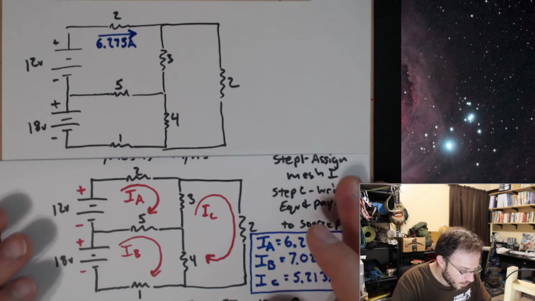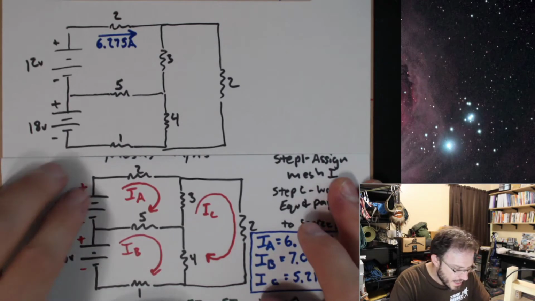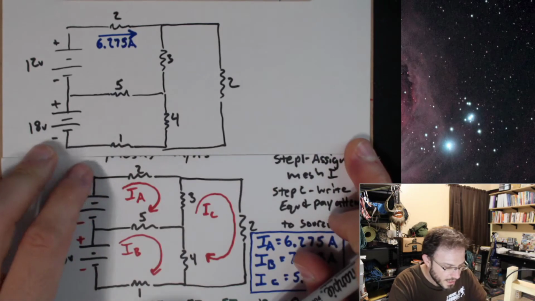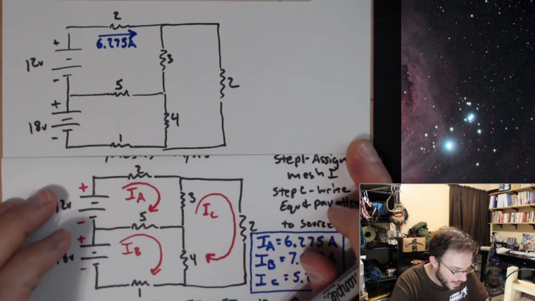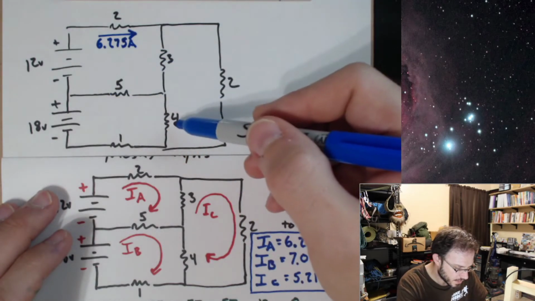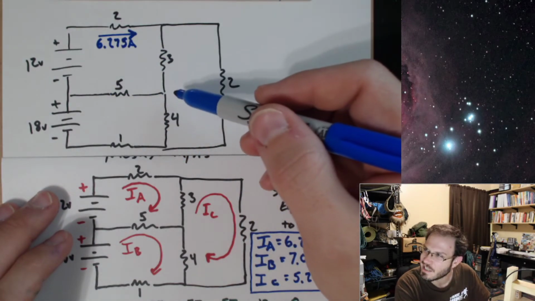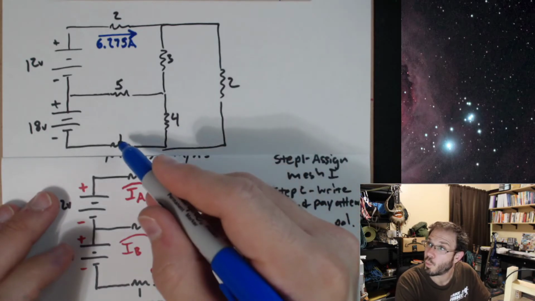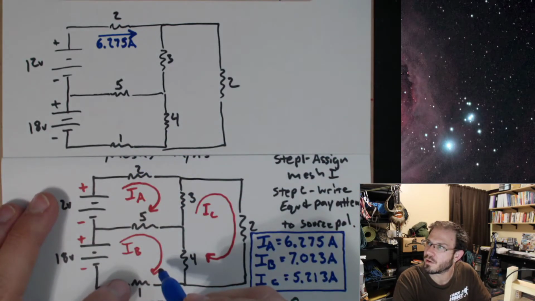Okay, let's go through and take care of all the ones that only involve one mesh current. This one had IA, this one had IA, this one had IA. I'm just getting the easy ones out of the way first. This 1 ohm only had IB going through it.